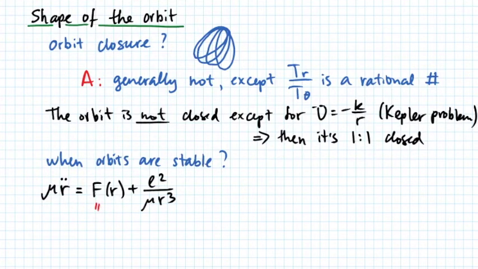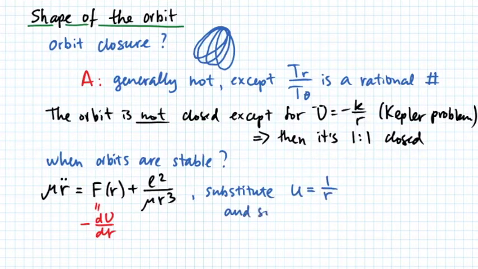We're using the general form of the radial force, which is simply minus dU/dr, and we want to make the following substitution and solve for small u as a function of theta, not as a function of time, to figure out the shape.